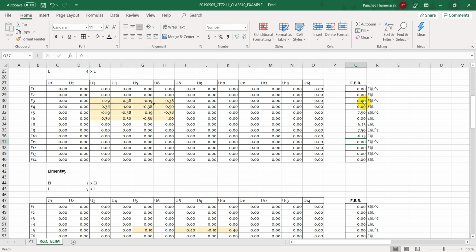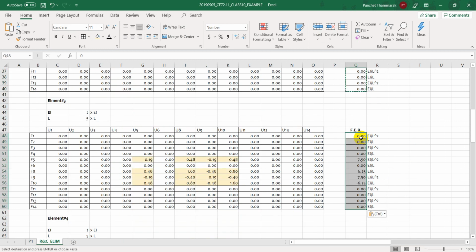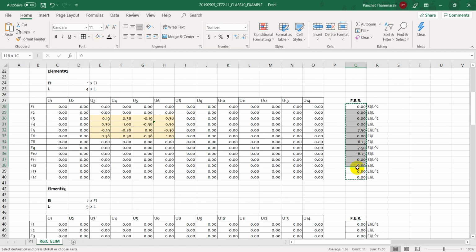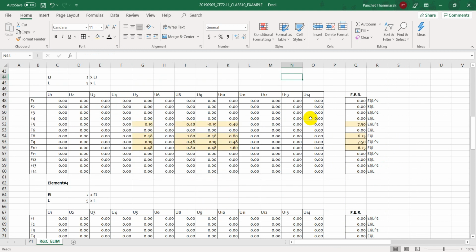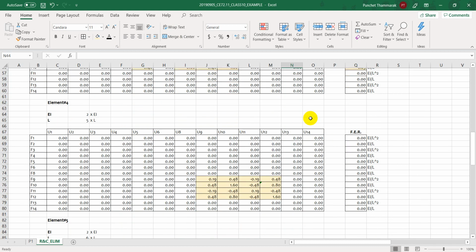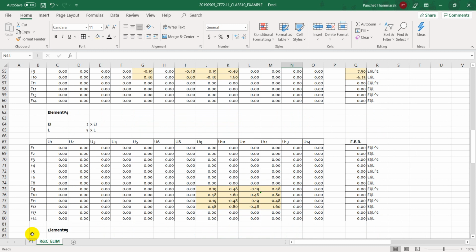Okay, let me copy this first so we don't waste time, and zero all of them. Okay, good. 1, 2, 3, 4, and put it there. Element number 3 done. And let's move over to element number 4.